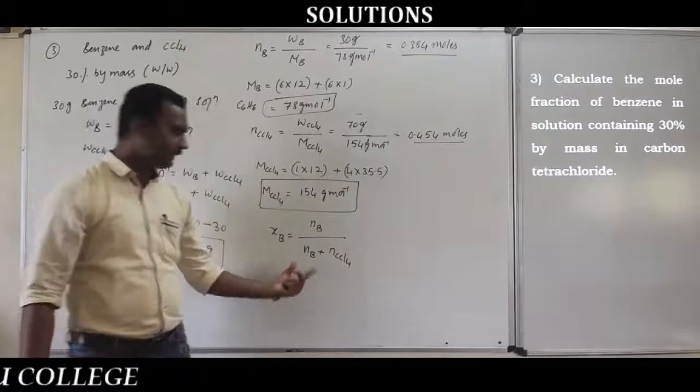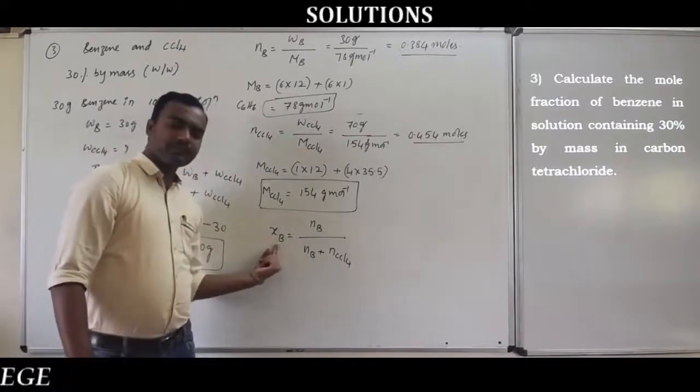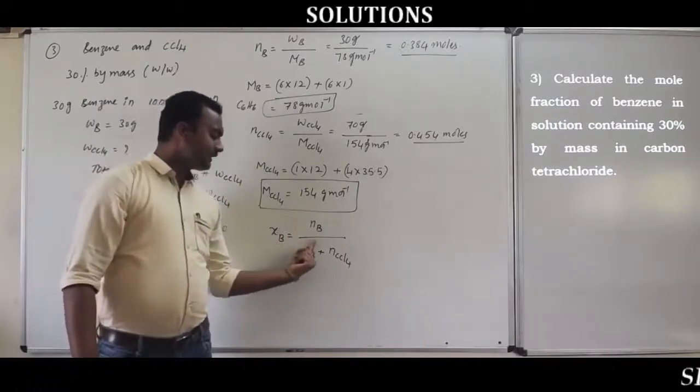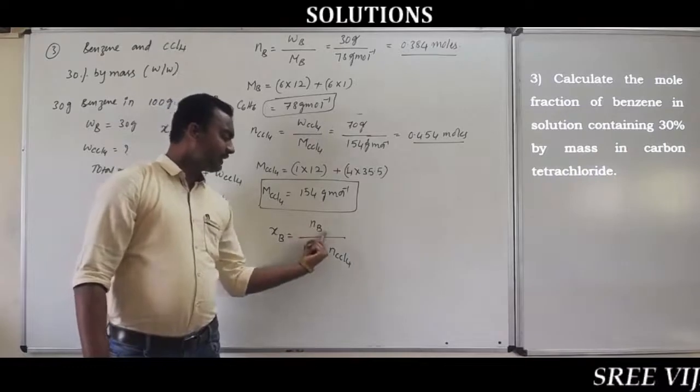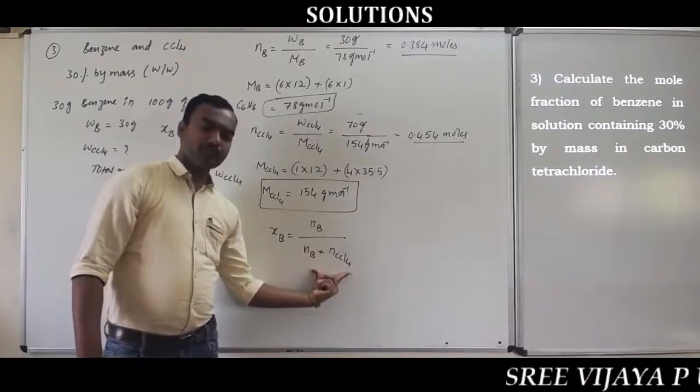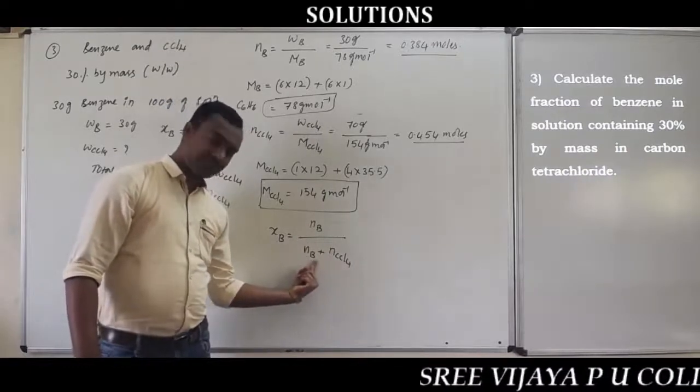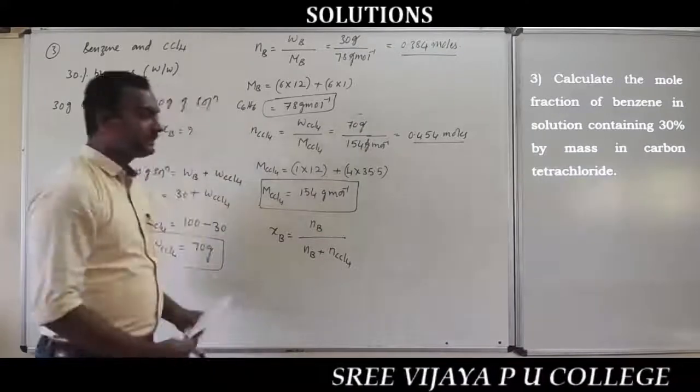There are two components. We need to find the mole fraction for benzene, that is the ratio of the number of moles of benzene divided by the total number of moles of all the components, that is moles of benzene plus moles of carbon tetrachloride.